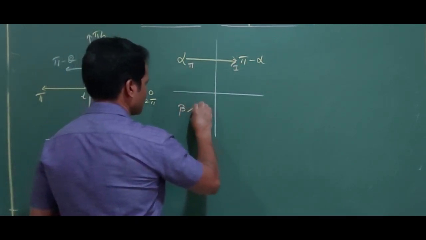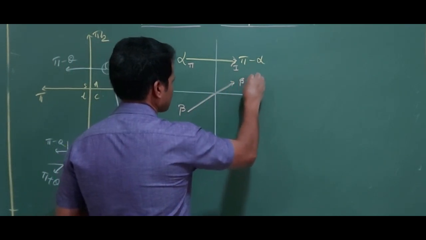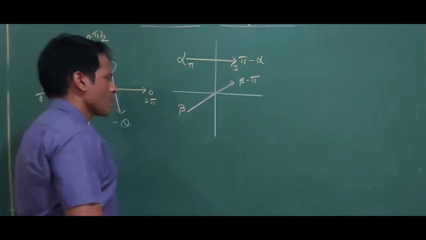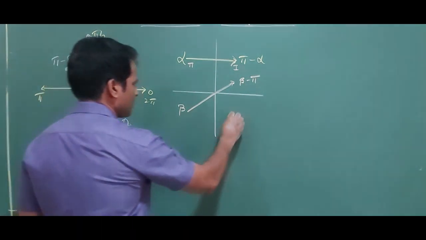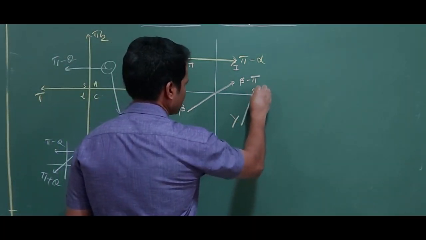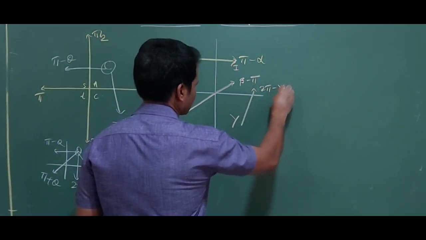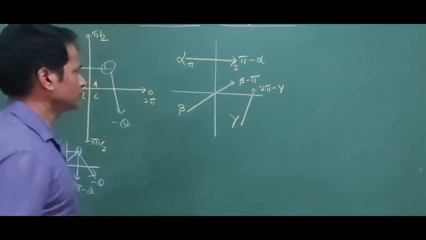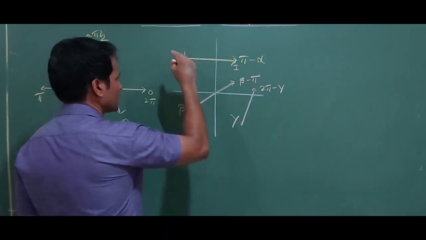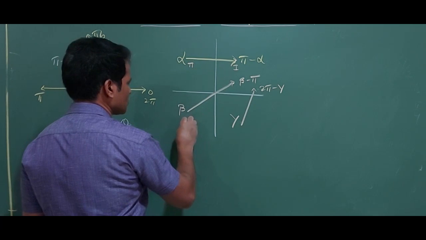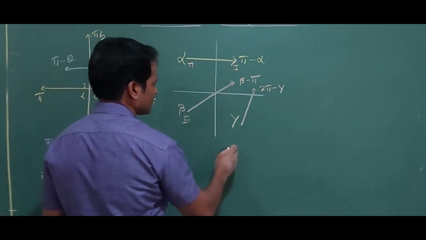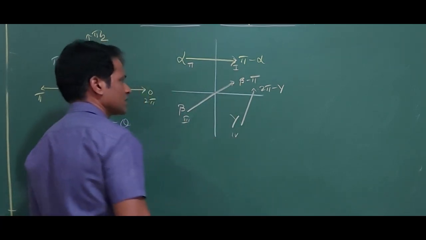If it is beta in the third quadrant, to go to the first it is beta minus pi. If it is gamma in the fourth quadrant, it is 2 pi minus gamma. It's very important for all of you. That means going from the second, third and fourth quadrants to the first quadrant.